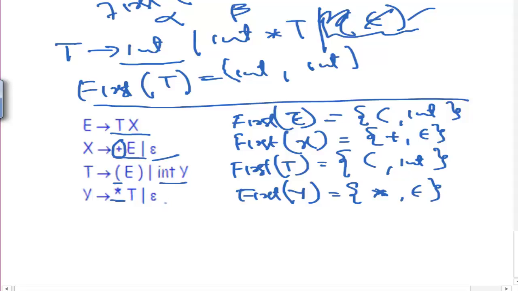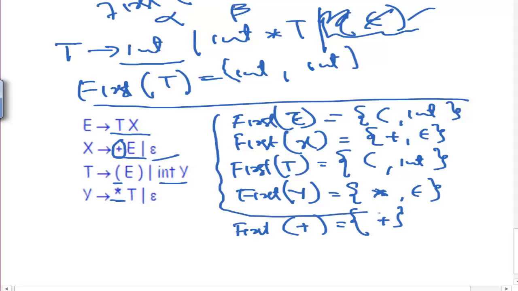What about the terminals here? If I want to see the first of plus, that is going to be the plus itself, right? Similarly, first of left paren is left paren, first of right paren is right paren, first of int is int, first of plus is plus, first of multiply is multiply. That's not a problem. I have to calculate the first of the non-terminals.